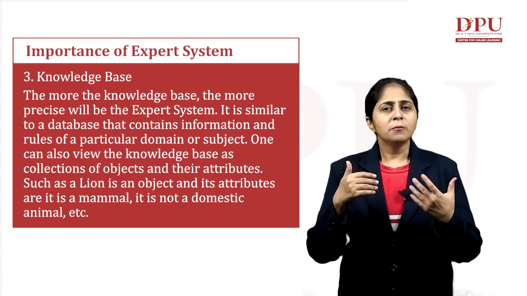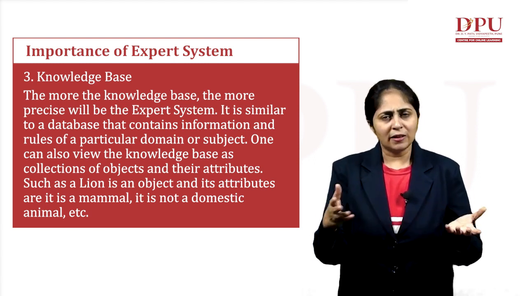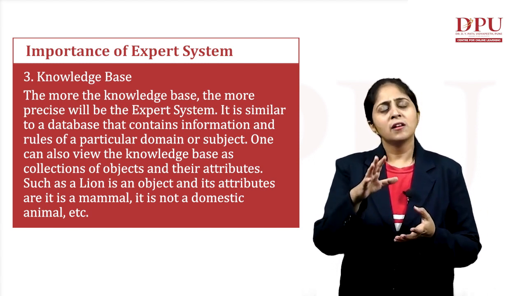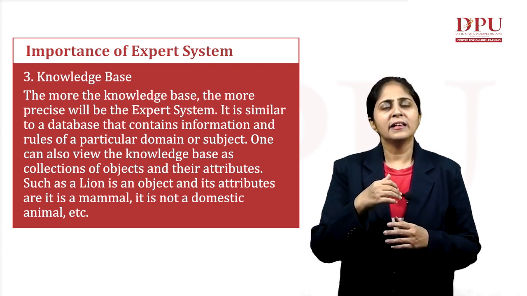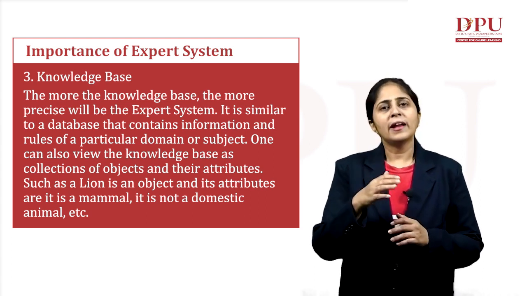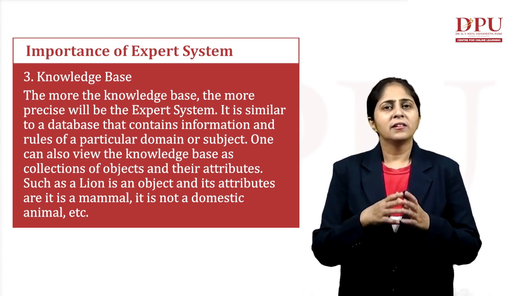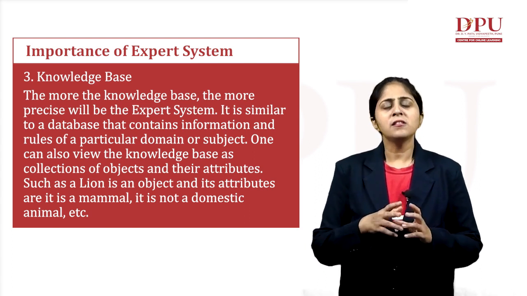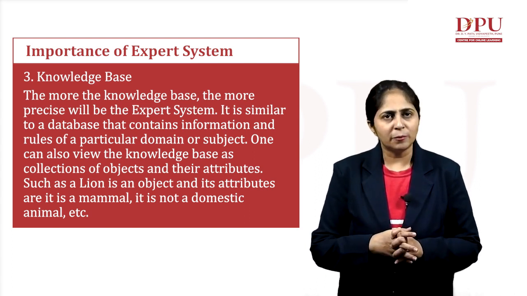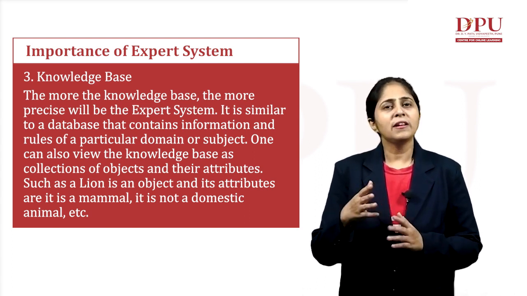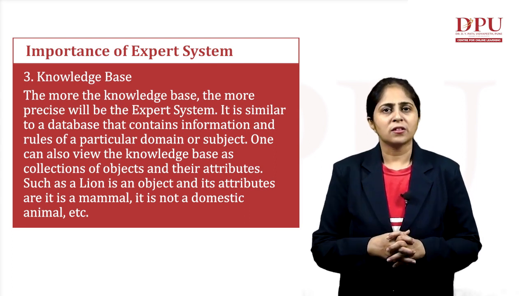Let us take a very simple example: consider a lion. Lion is an object. Now the attributes of the lion are that it is a mammal, it is not a domestic animal, etc. These are the various attributes of our object.